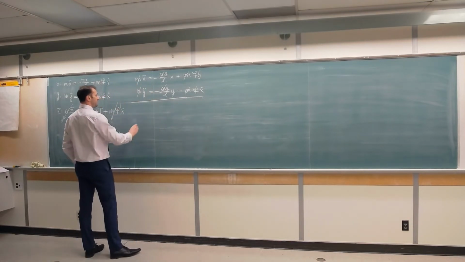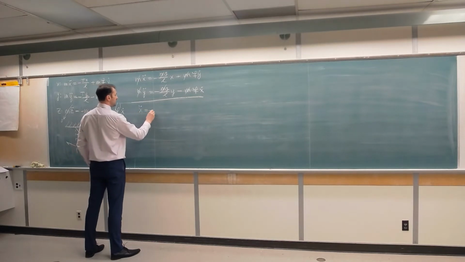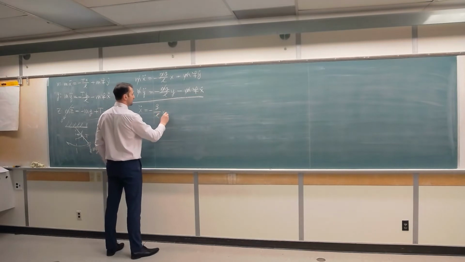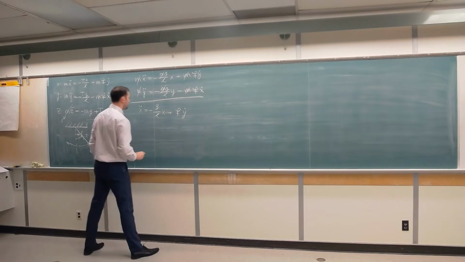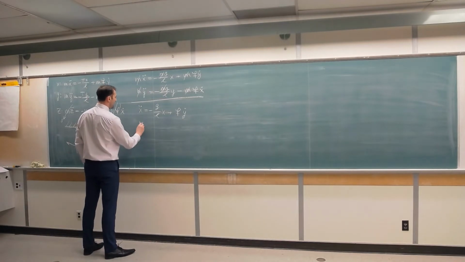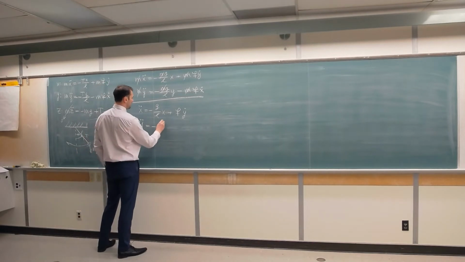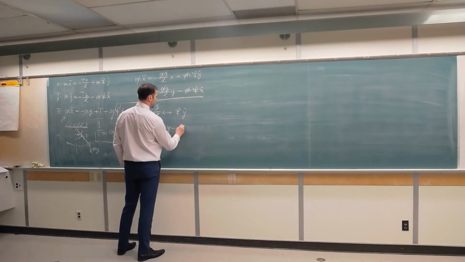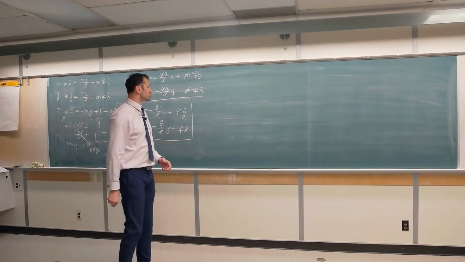And now I can rewrite this as x double dot is equal to negative g over L x plus f y dot, and y double dot is equal to negative g over L y minus f x dot. And this is the system of equations that we need to solve.